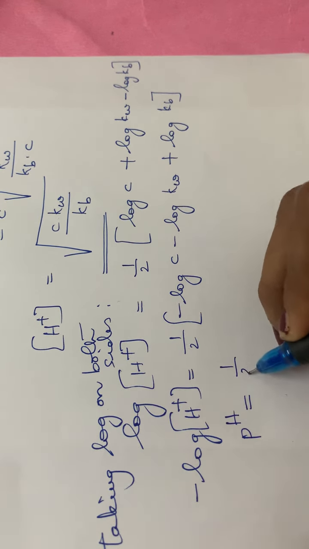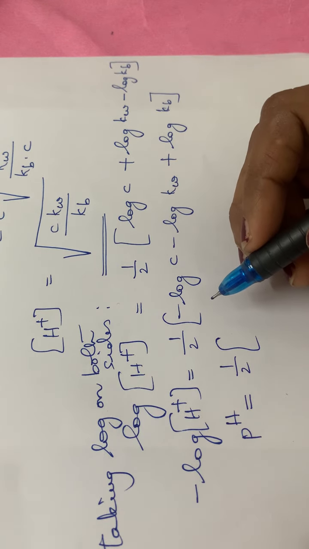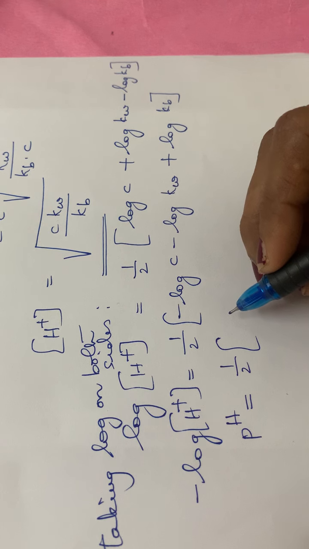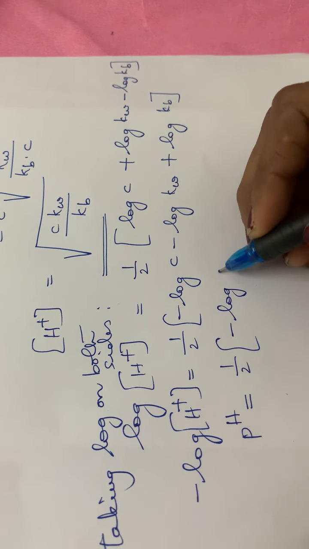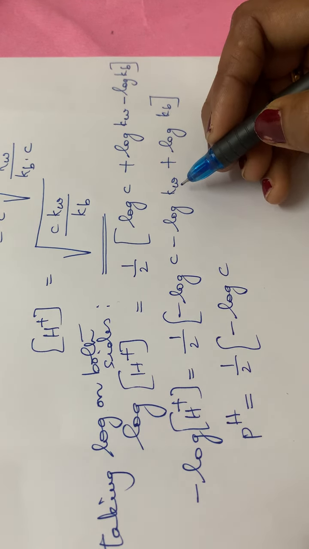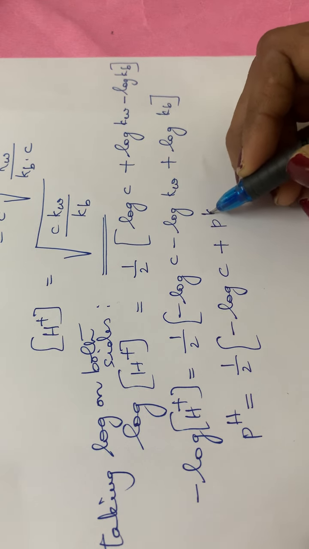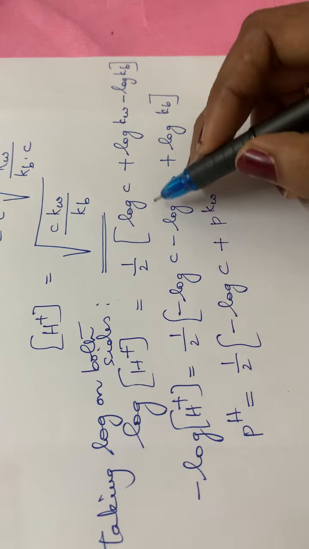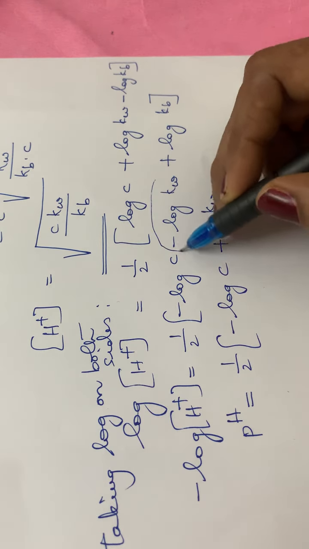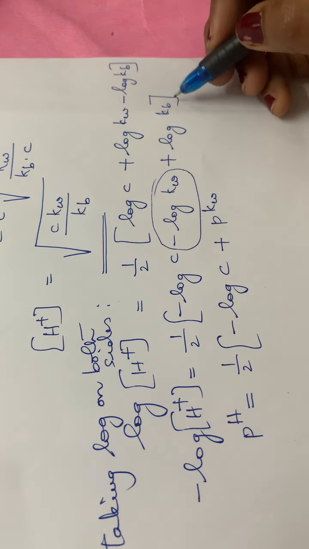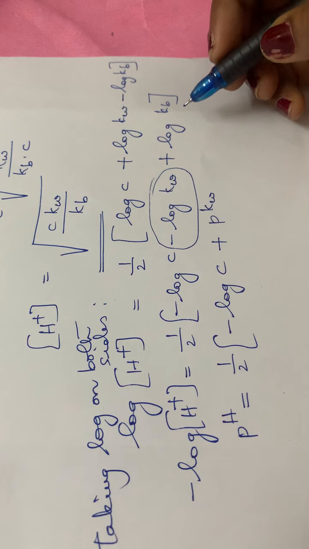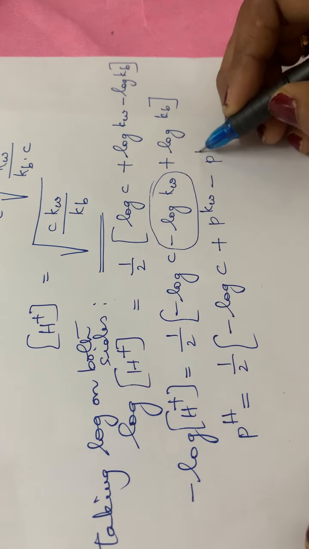pH is equal to half into minus log C, then minus log Kw. That means plus pKw, that is pKw is equal to minus log Kw. So we can write this term as a whole as pKw, isn't it? Then plus log Kb means minus pKb.